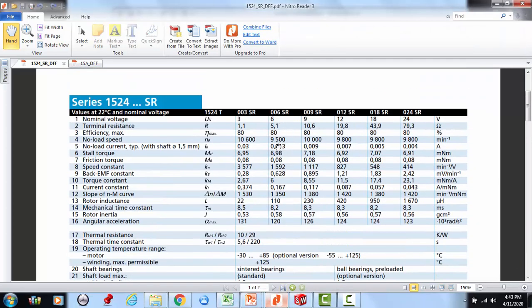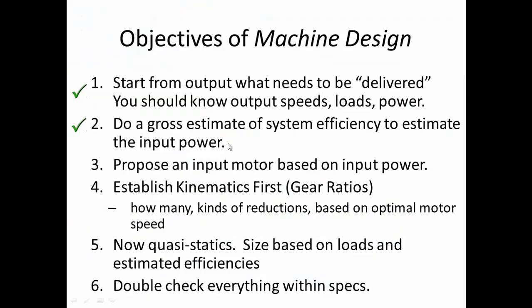Here under the 6-volt version, 9,500 is the no load speed that I wanted to look at. So we have effectively proposed an input motor based on the input power. We have finished step 3 in the process.